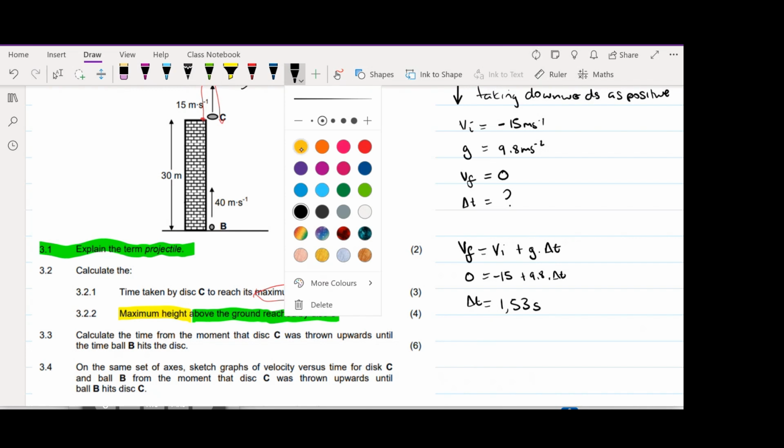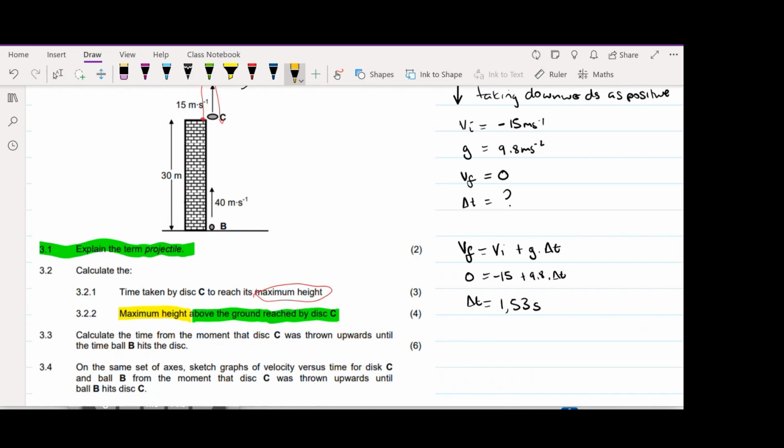I can use the initial velocity, the gravity and the final velocity to calculate that maximum height, or I can use an equation with time. Make sure that if you use an equation with time and you got that answer wrong, then this question would also be wrong. But I'm pretty confident with the 1.53.